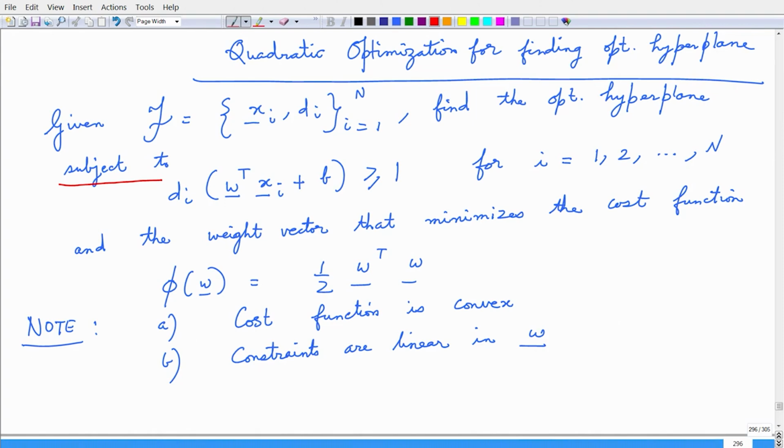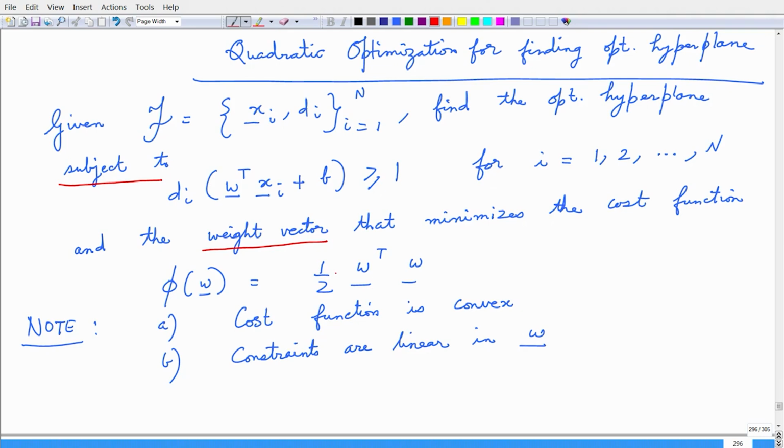We need to choose a weight vector W that minimizes the cost phi of W, which is 1/2 W transpose W. You can clearly see why I have this half: when I take the derivative, the 2 cancels out, particularly when I have a quadratic cost.